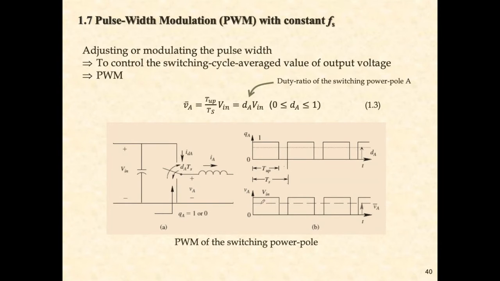That's why we have these two waveforms, one for QA and the other for VA. And then the average. In a DC-DC converter, we always need to calculate the average output.